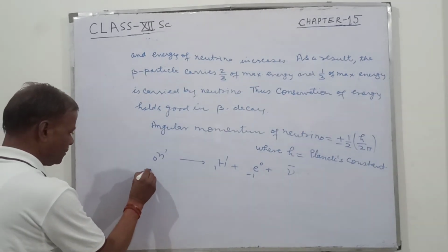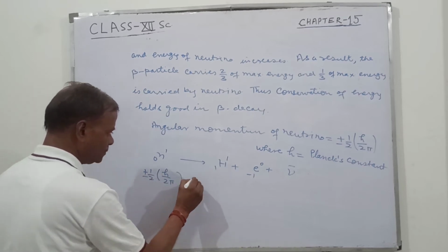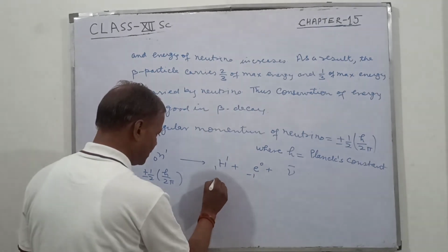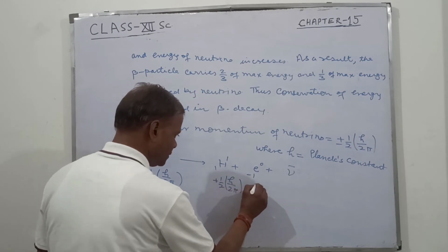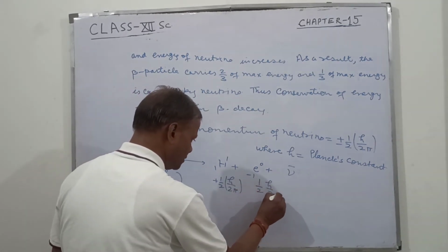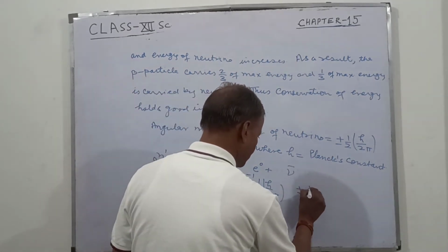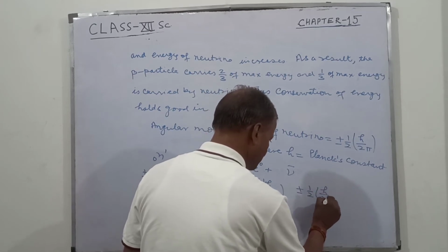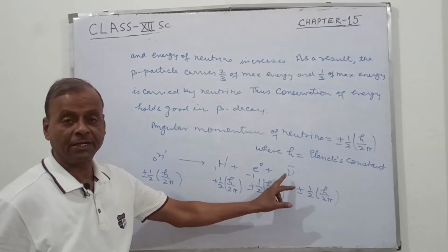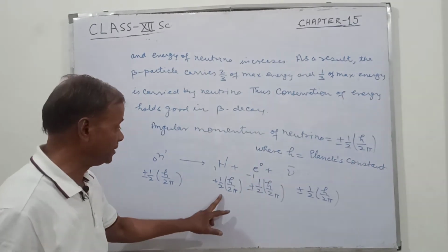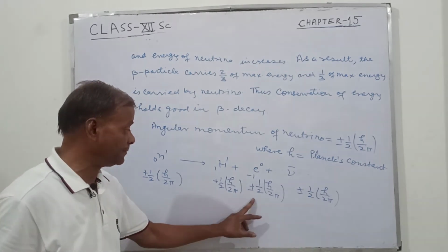So this is 1 by 2, plus minus 1 by 2 h upon 2 pi, and this is plus minus 1 by 2 h upon 2 pi, this is 1 by 2 h upon 2 pi, and this is plus minus 1 by 2 h upon 2 pi. Now you can see that if we neglect this particle, suppose it is not emitted, then this angular momentum will be either 0 or 1. If they are in the same direction, then this will be 1.